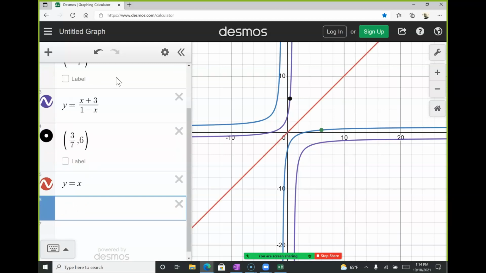Because when y equals x, that's when x is the same as y. When I switch x and y on the line y equals x, I get the line y equals x. So this is the mirror for any function and its inverse. The line y equals x is where x and y are switched already. So it's the mirror for when I'm switching the domain and range of my functions, right?